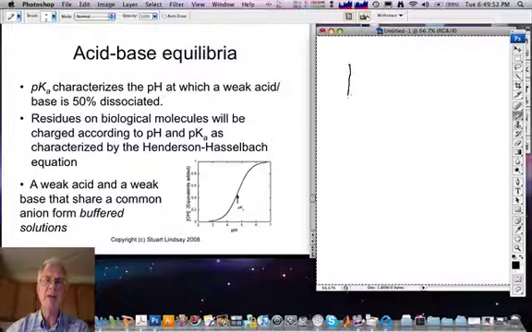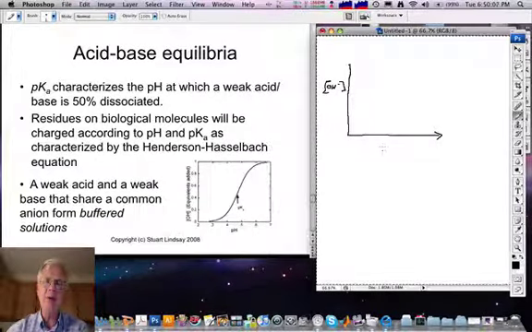So let's just sketch this out. This is equivalence in terms of moles of OH minus added to the weakly dissociating acid. Here is the pH of the weakly dissociating acid. The pKa here was at around about 4.5.